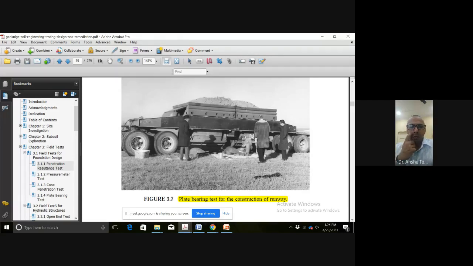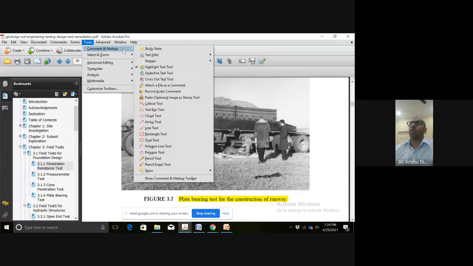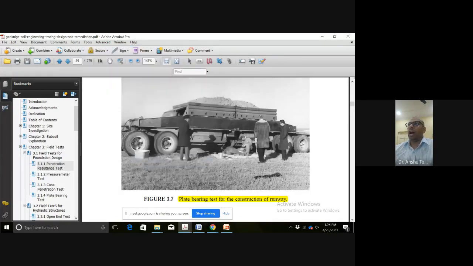But here in the figure you can see it is a moving vehicle, so wherever you want to do the testing, it is for a large project. You can see it has wheels. Most commonly in India, this type of vehicle will not be available.